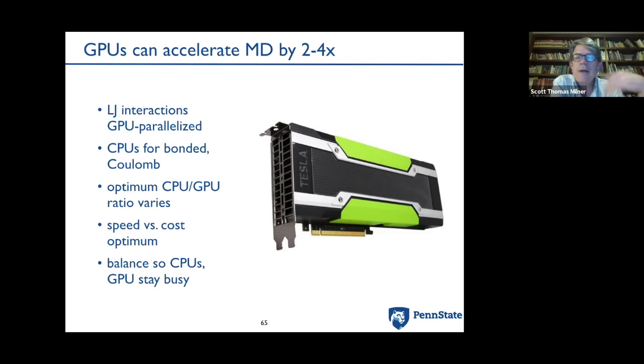They don't give you factors of like 100 in speedup. In practice for atomistic MD, they can speed things up by factors of 2, 3, 4, something like that. They're basically big parallel processing chips that can do many strictly parallel operations simultaneously, and they've given us a way to break out of the failure of Moore's law.